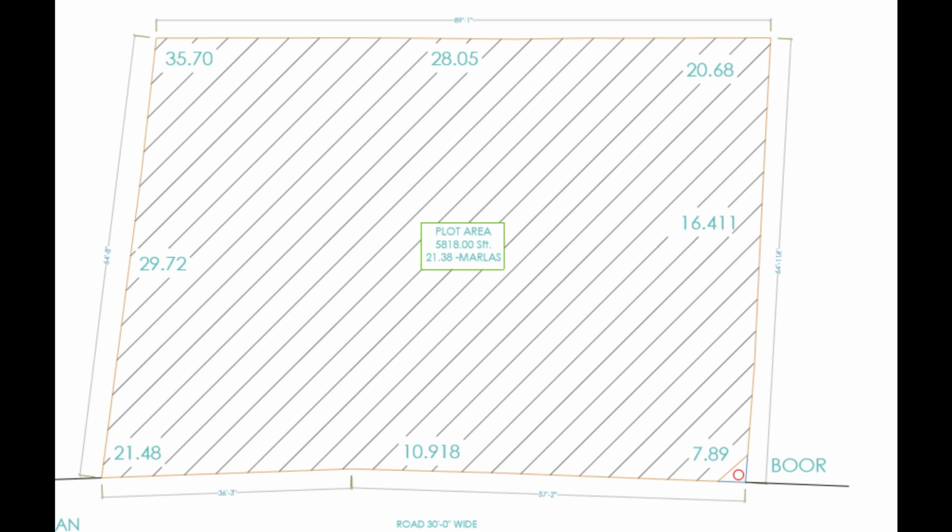I will show you in the videos how we construct this retaining wall. After the construction of the retaining wall, we will put that 35.70 feet height soil to the retaining wall. The retaining wall will help us retain the soil, so it will become a plain area.